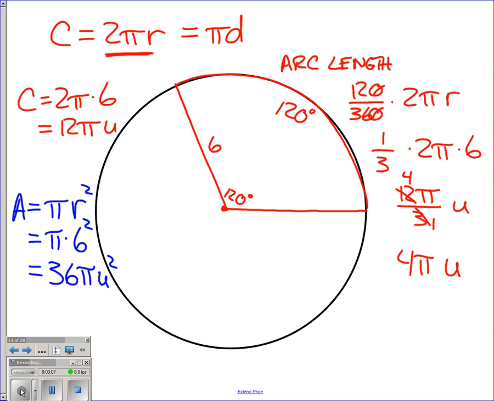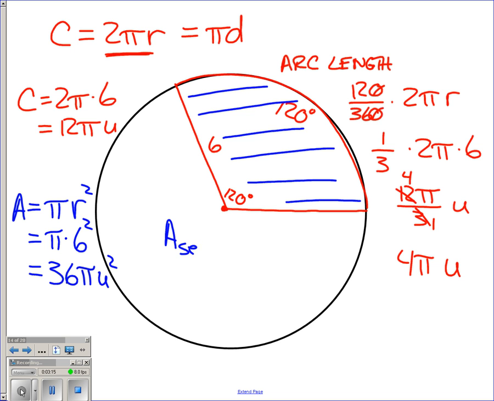Well, this region inside here is called a sector. And so the area of the sector, what's the same thing as finding the arc length? How much of the circle are you actually using? You're using 120 degrees out of 360. It's the same fraction that we saw right here, 120 over 360, times, but now since we're dealing with area, it's what part of the circle?